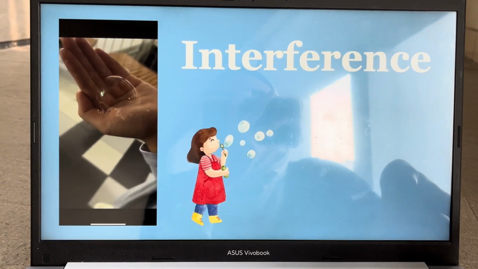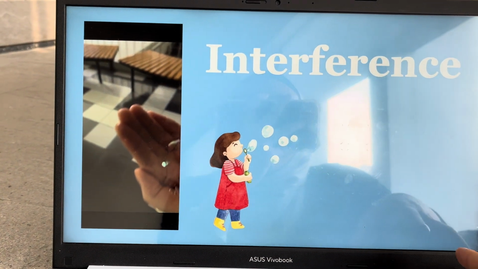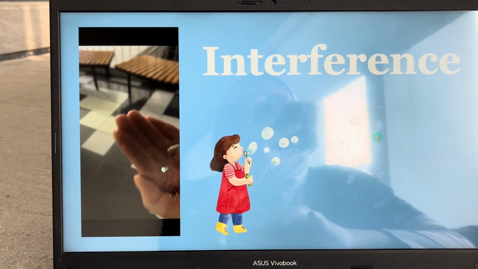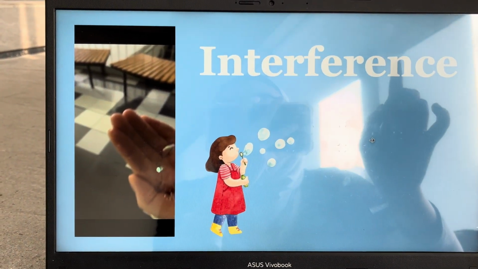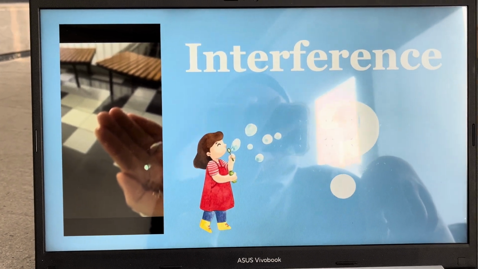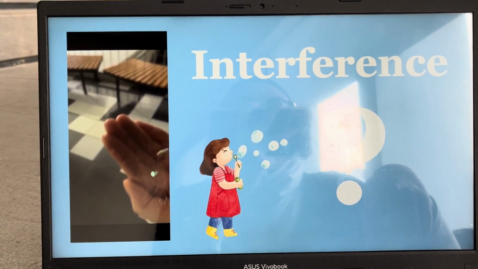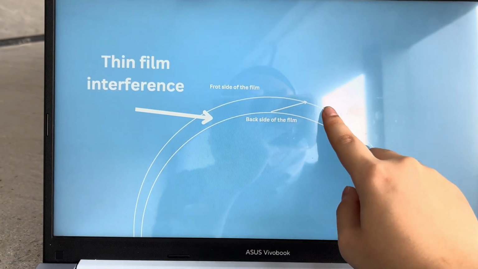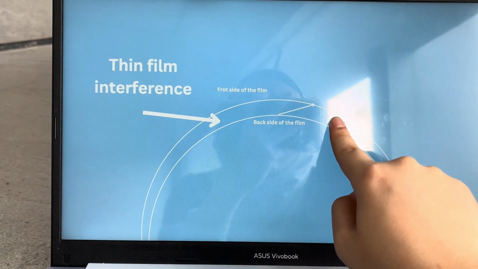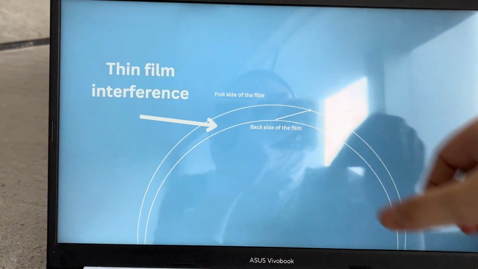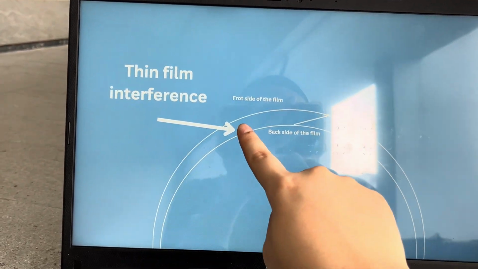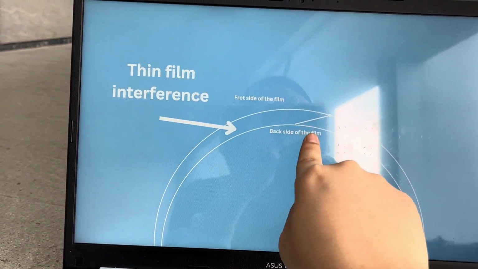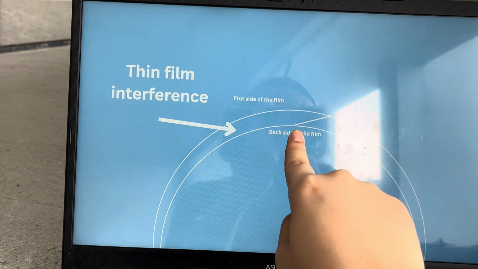Next is interference. So my demonstration is bubbles. So in the next slide, I will explain to you how bubbles are a good example of interference. So basically, the thin film has a front side and a back side, right? This inner line represents the back side of the film. Even though it's thin, I'll just represent it like this.